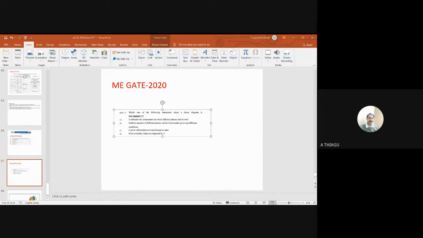Okay, so what is correct or incorrect? They asked to find the incorrect answer from A, B, C, D. Any guess from the student side? Quick answers. Any guess from the student side? Student A.